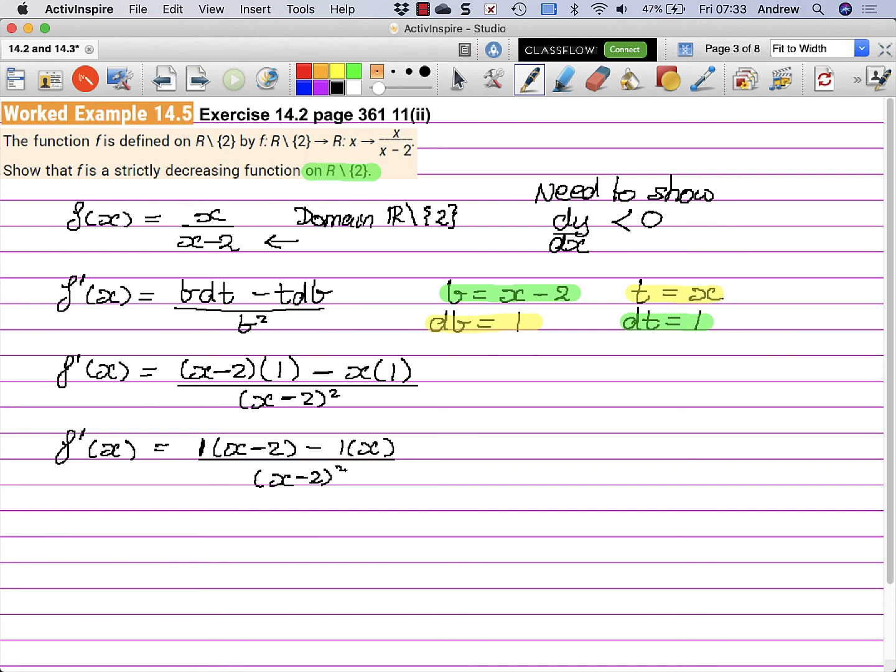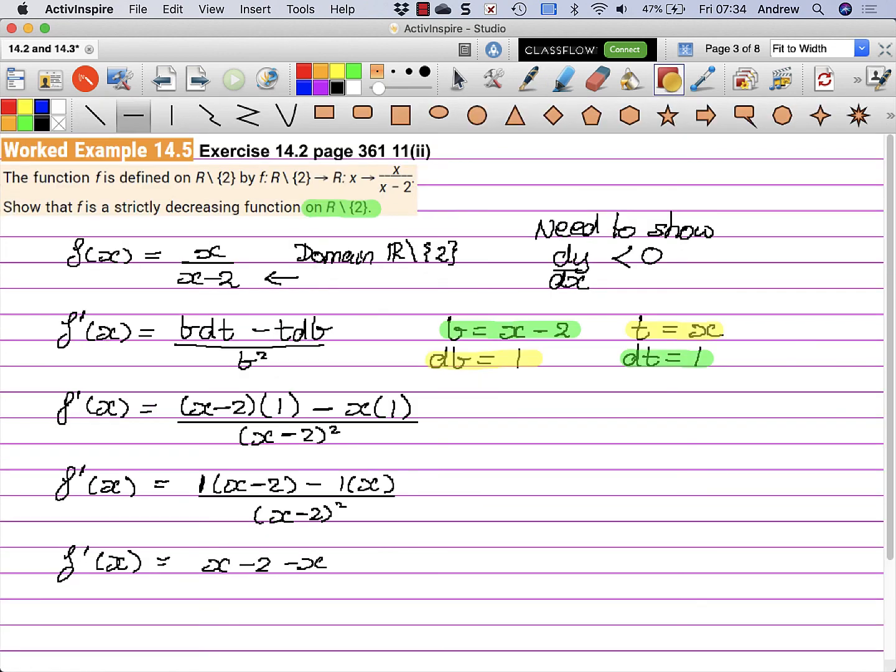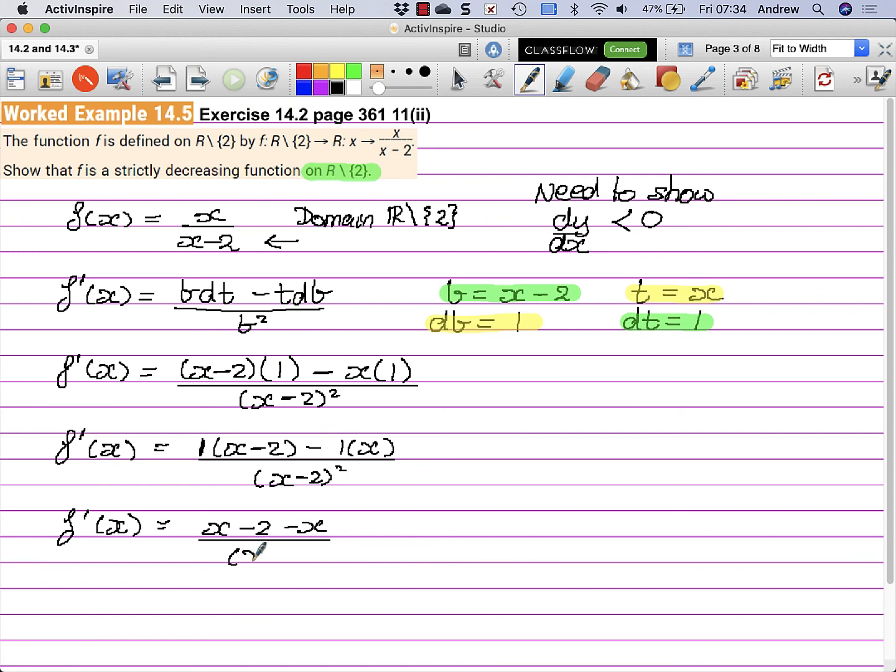Okay, tidying it up, we've got f dashed x is going to be equal to x minus 2 minus x, and once again all over the bottom to be squared. So you've got x minus 2 to be squared. Tidying up for the last time, f dashed x is equal to minus 2 all over x minus 2 to be squared. And that is clearly less than 0, but you have to justify it.